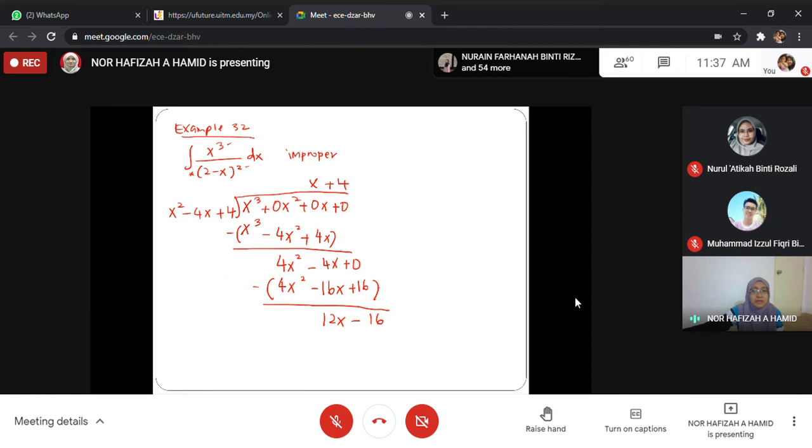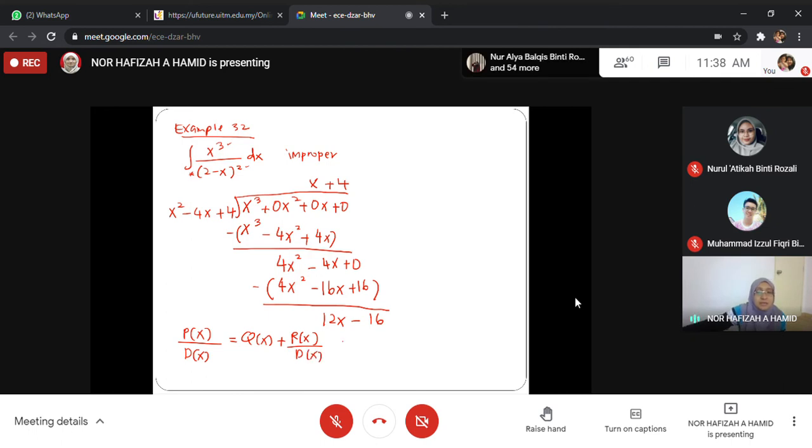Okay, so we have got your remainder. Next, you need to express it in terms of the general form of the division of the polynomial. So p(x) over d(x) equals q(x) plus r(x) over d(x).